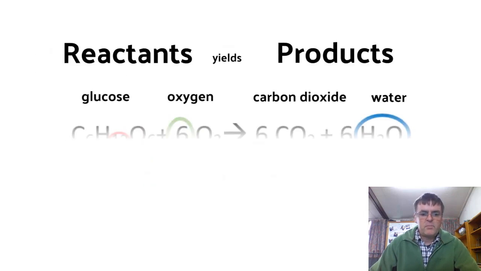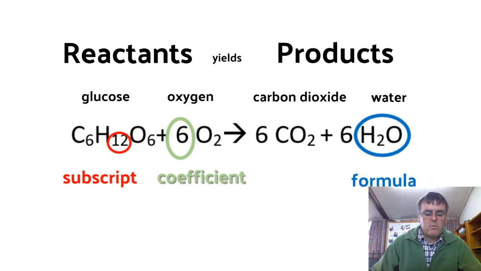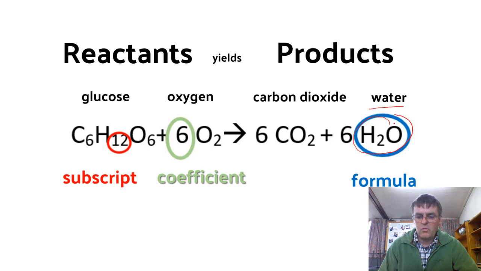We've met this before, and we know that when we react stuff we get products. We've got our word equation, and we can use symbols and arrows to explain what's going on, and we can use the formula. This is like writing water but in chemical shorthand using the symbols.